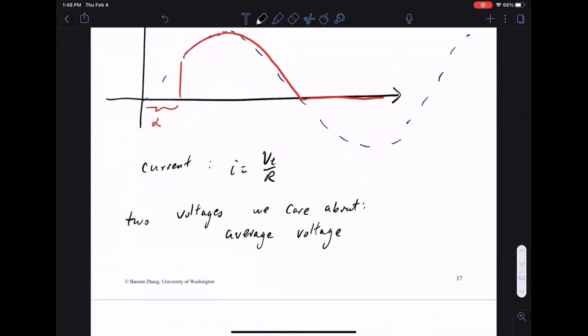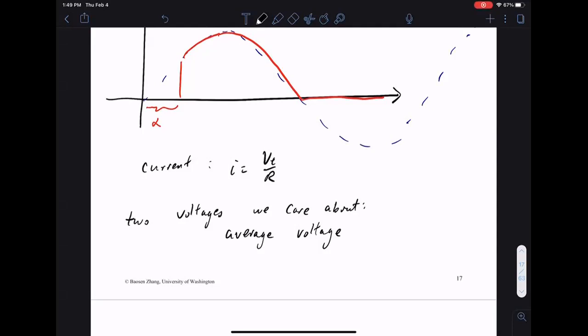What is the other quantity we care about in addition to average? The other thing we care about in addition to average is RMS. That's not the peak.